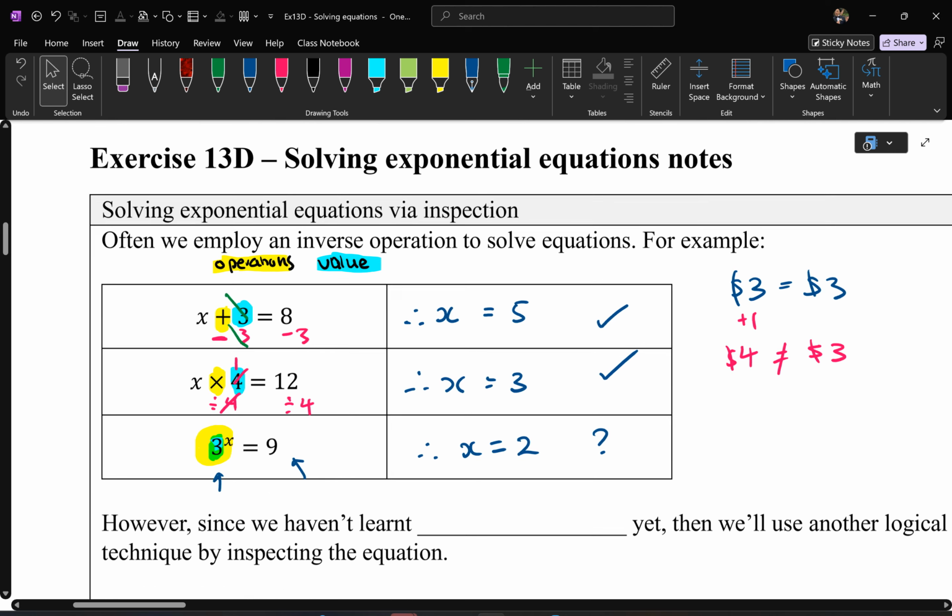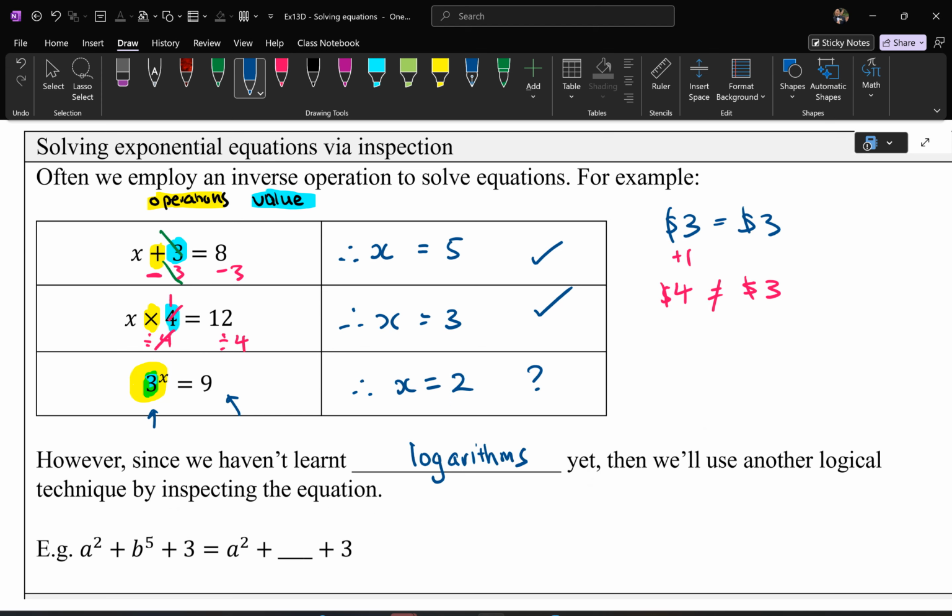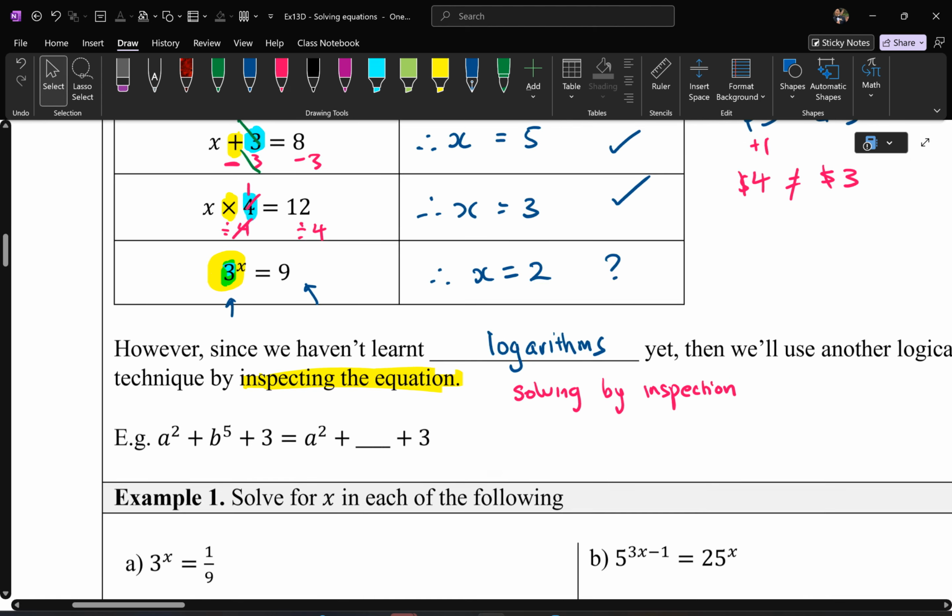Well, since we haven't learnt logarithms, which is the opposite of exponentials, we're going to have to use another approach, which is called by inspection. So if you ever see a question or YouTubers say solving by inspection, this is what they mean. Let's have a look at this equation.